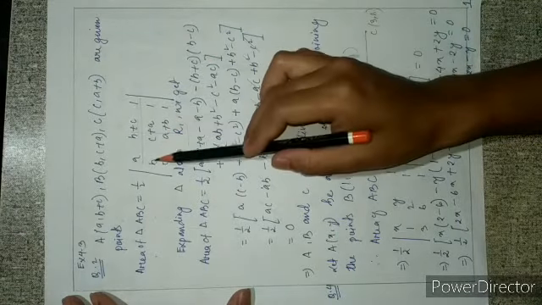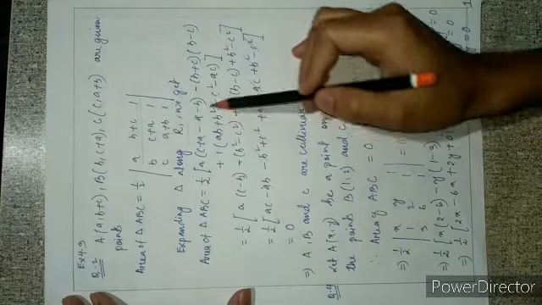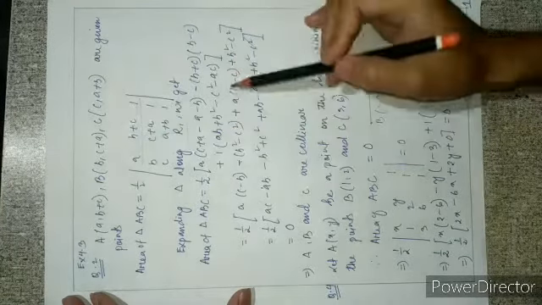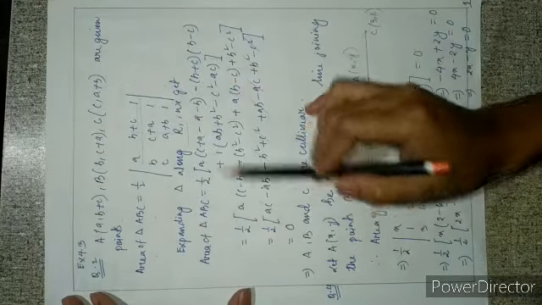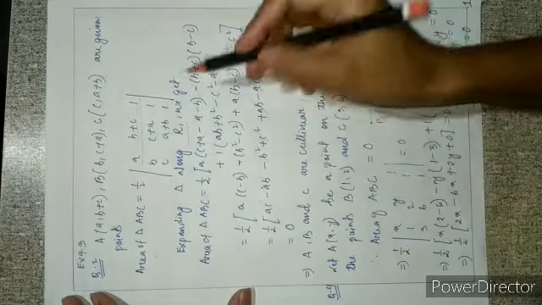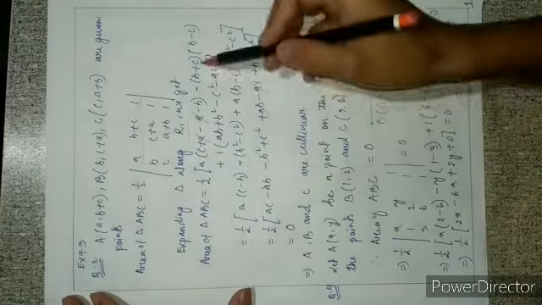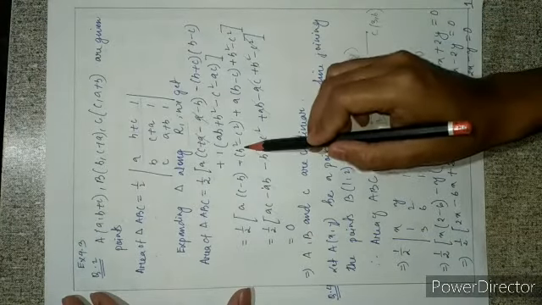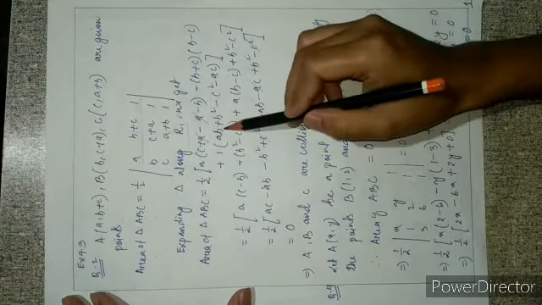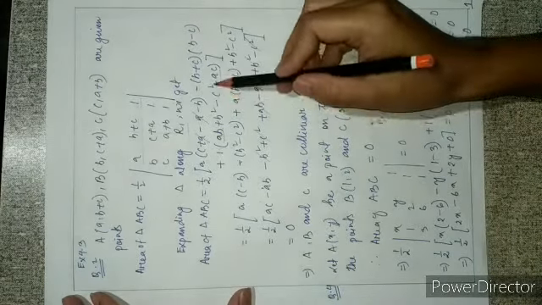Expanding, we get B into A plus B, which is equal to AB plus B square, and C plus A multiplied by C is equal to minus C square and minus AC. Half, cancelling plus A and minus A, we have C minus B. Then for the second term, B plus C into B minus C is equal to B square minus C square, and for the third term we have AB, AC and B square minus C square.